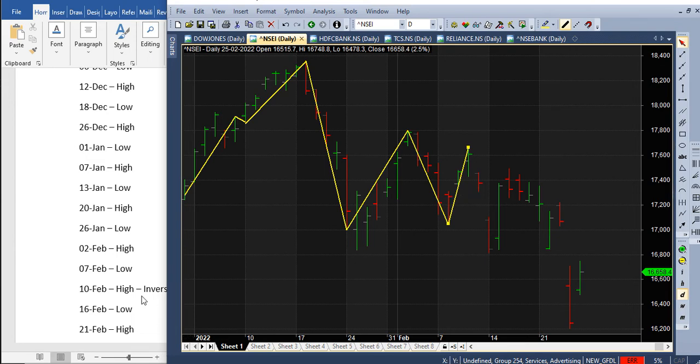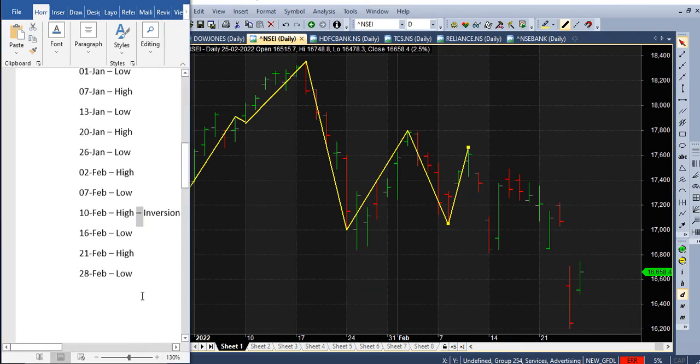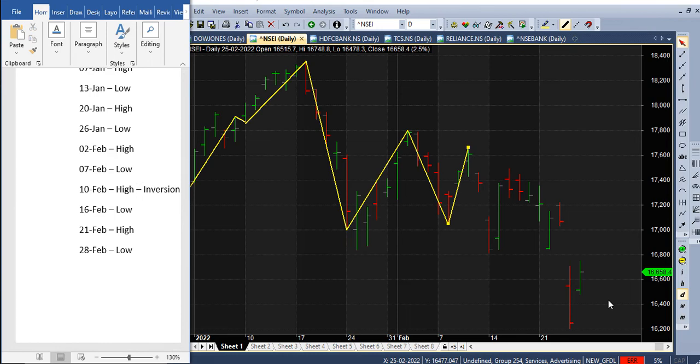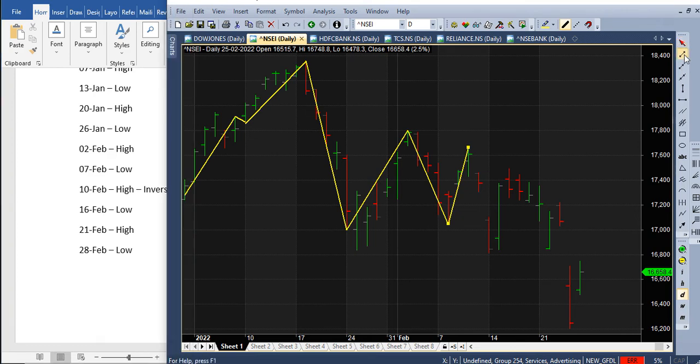Then 16th of February is our low. So we have a low here on 15th. Again, see how it is taking exact resistance. On this trend line, it's taking support and support.